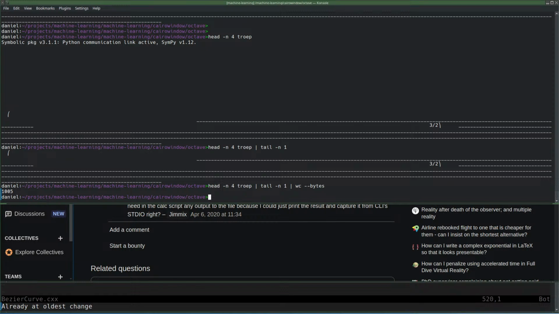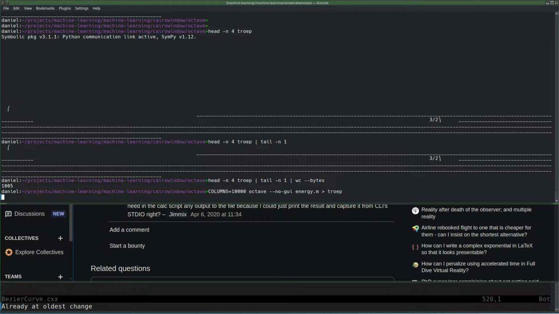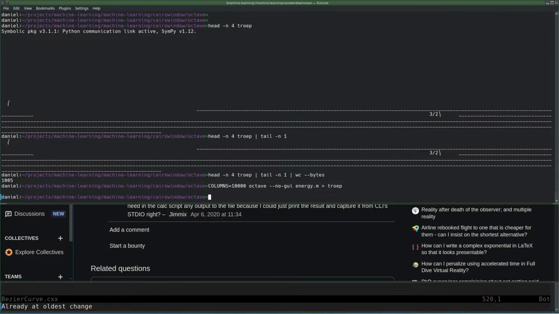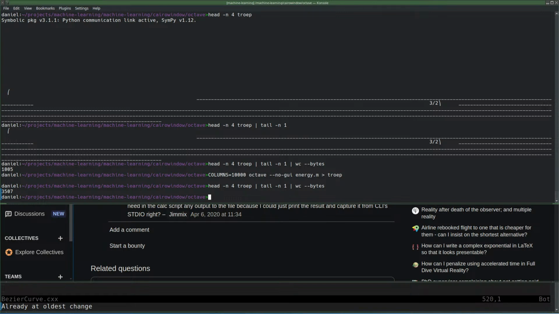That was 5, yeah. 1000 wasn't enough. So the thing is 3507 columns wide.